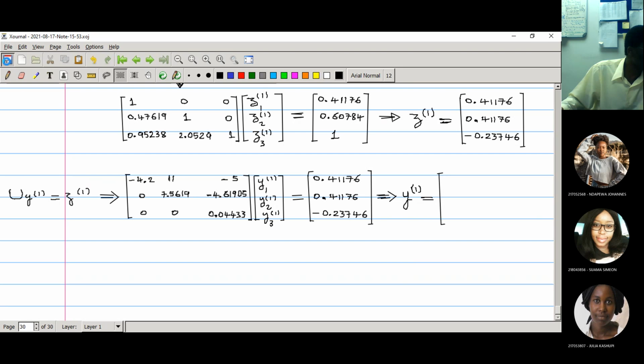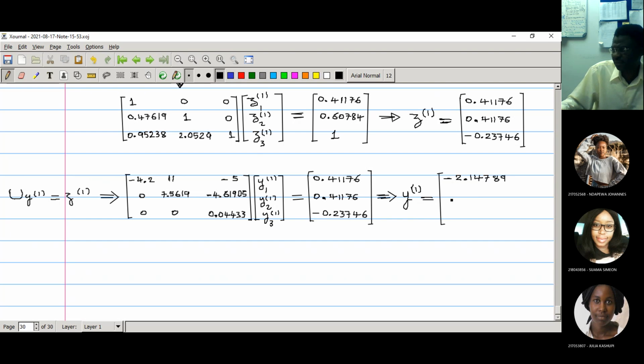Okay, so y1, the first entry will be negative here. You can see that the last one is negative because of this. You divide by that, it is negative, right? So here it will also be negative, but that's not a problem. So that's negative 2.14789. That's the first entry.